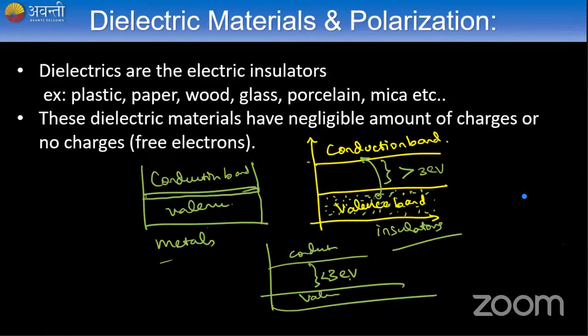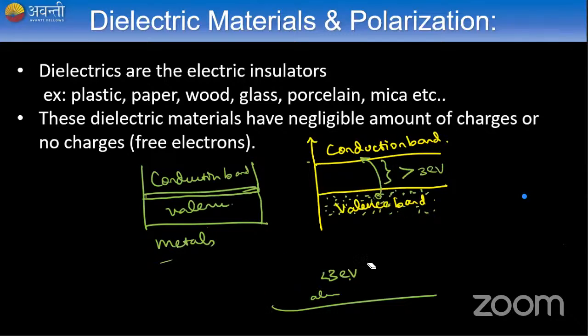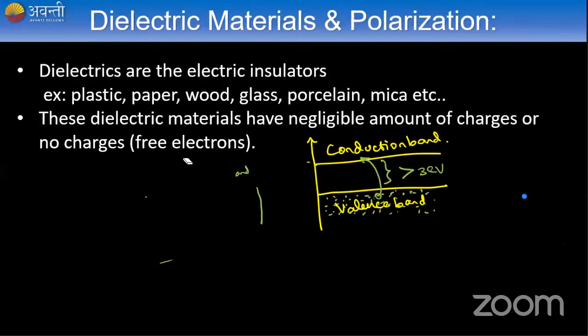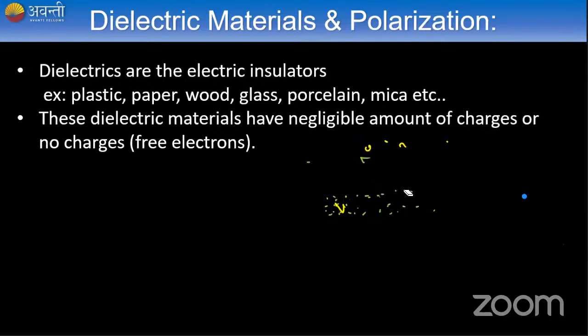Now for insulators, the energy gap between the conduction band and valence band is more than 3 electron volts. This is the reason why insulators fail to conduct electricity. But can insulators also conduct sometimes?